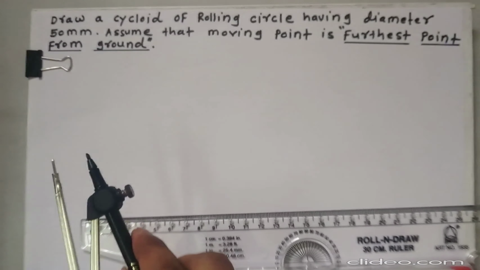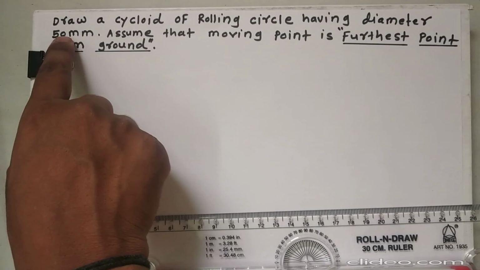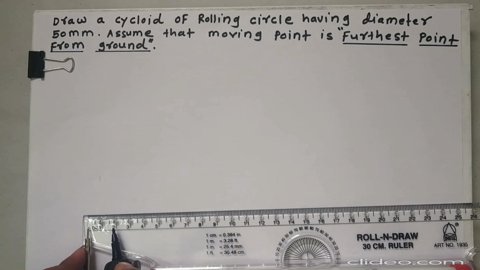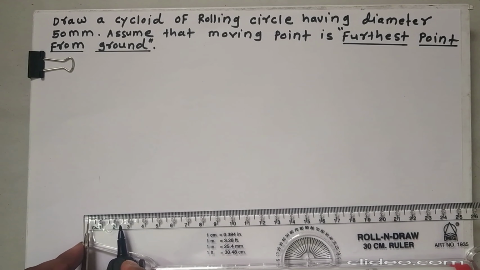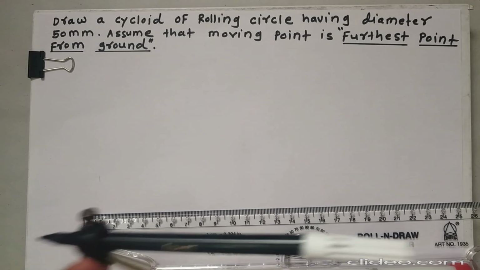Let's construct the cycloid. Initially we need to draw the circle of diameter how much? 50 mm. So you can take the radius 25 mm because the diameter is given as 50 mm. Take the radius 25 mm and draw one circle.